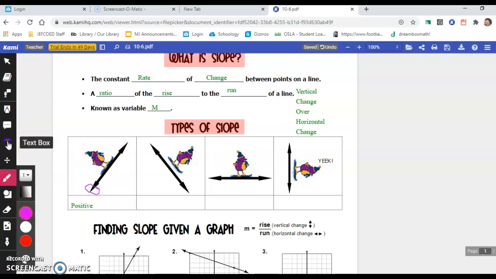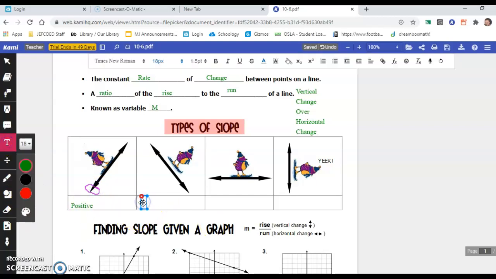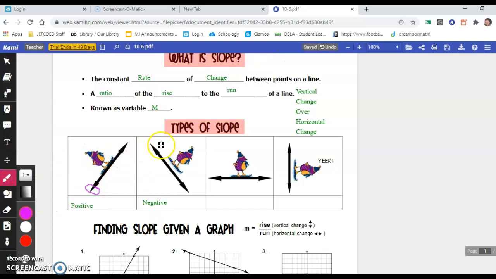The next type of slope would be negative. Again, your most left point is right here, and you can see that it's traveling down. Just like on a vertical number line, if it's going up, it's positive. If your line is going down, it is negative.